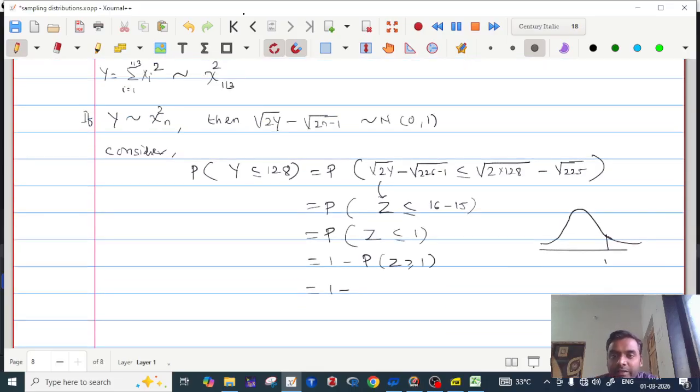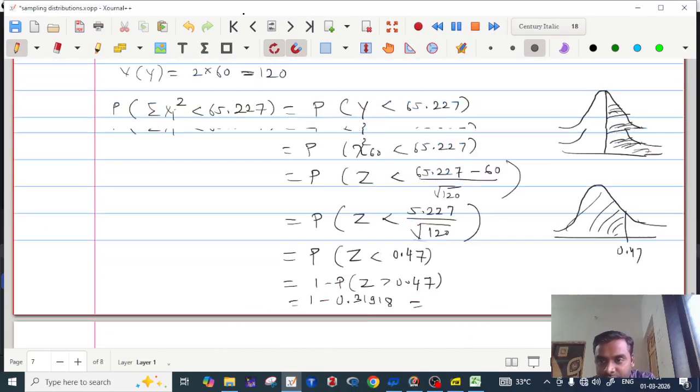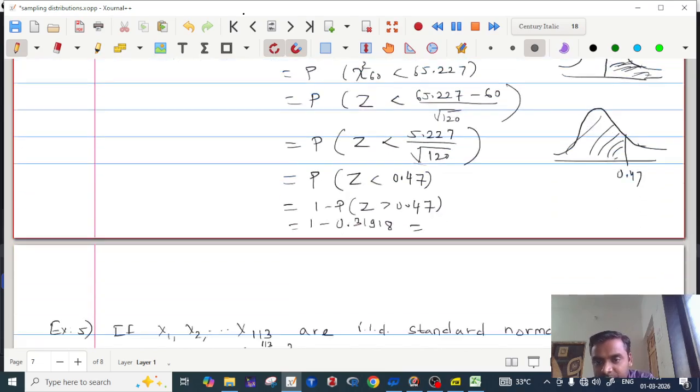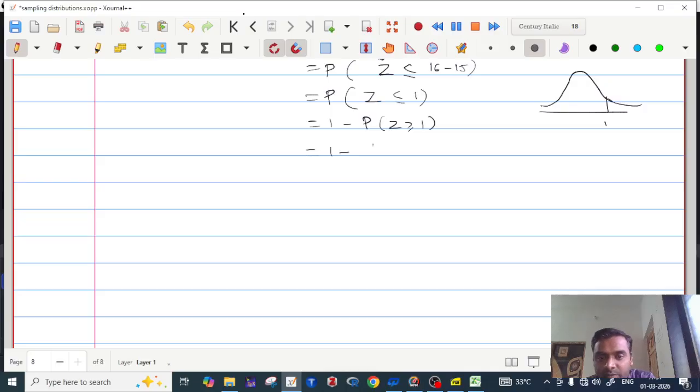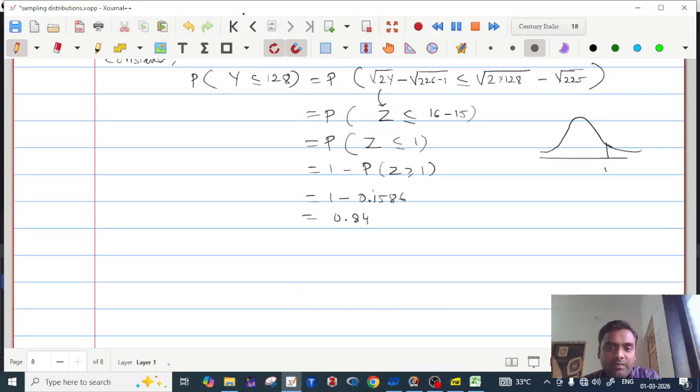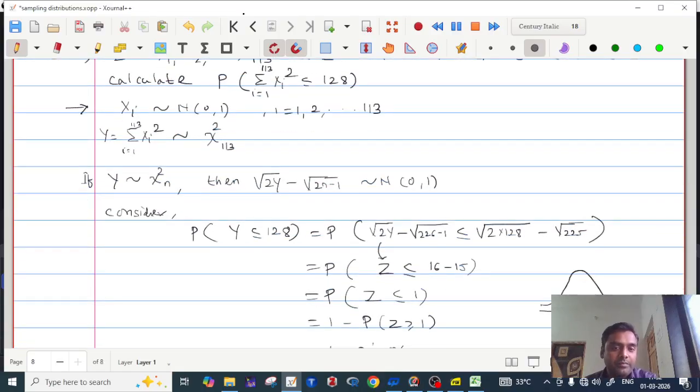Say this probability will be c, as we have discussed here. I know this probability is 0.1. This way we have to solve this problem.